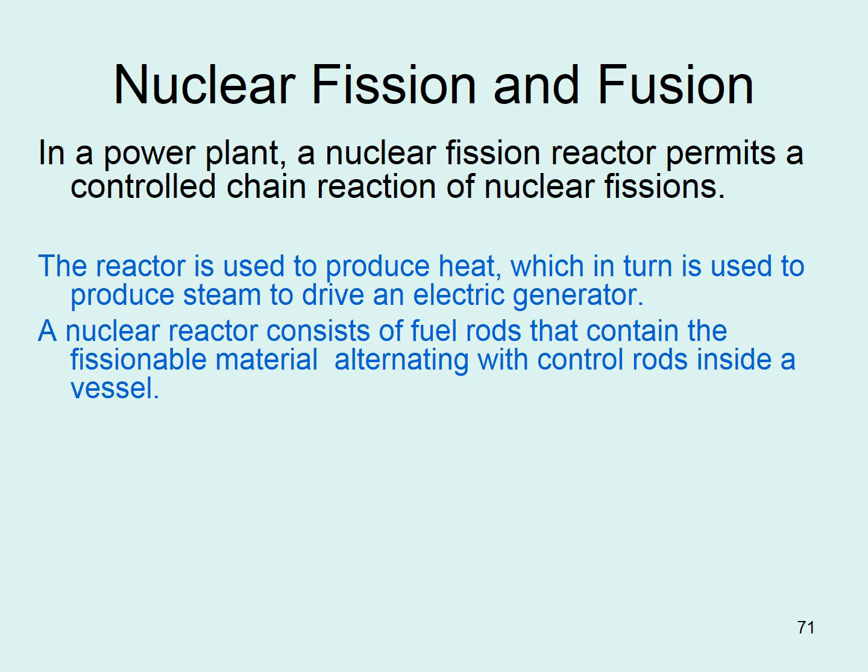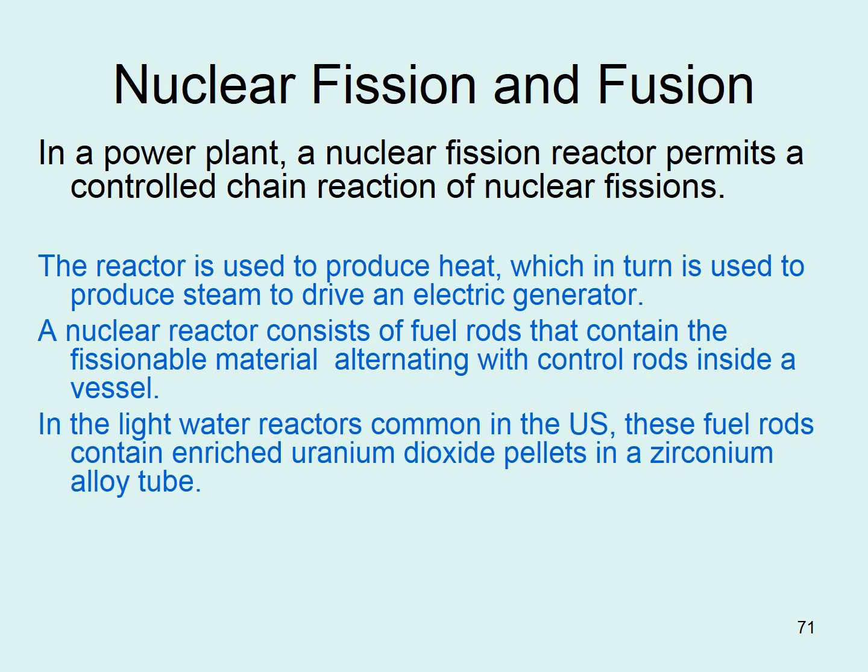A nuclear reactor has fuel rods that contain the material in it, and it alternates with control rods inside the vessel. And I have a picture of this coming up in just a second. A light water reactor is the most common type of nuclear reactor in the U.S. Light water just means regular water, which is H2O using the isotope hydrogen-1.